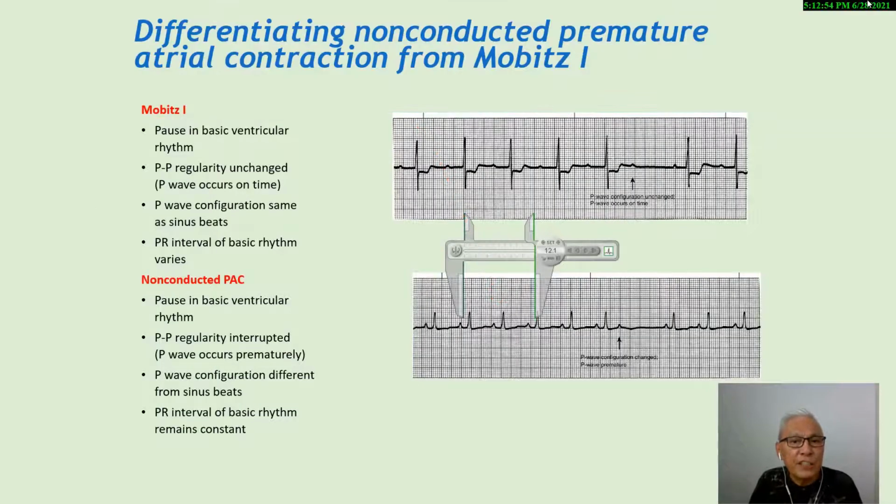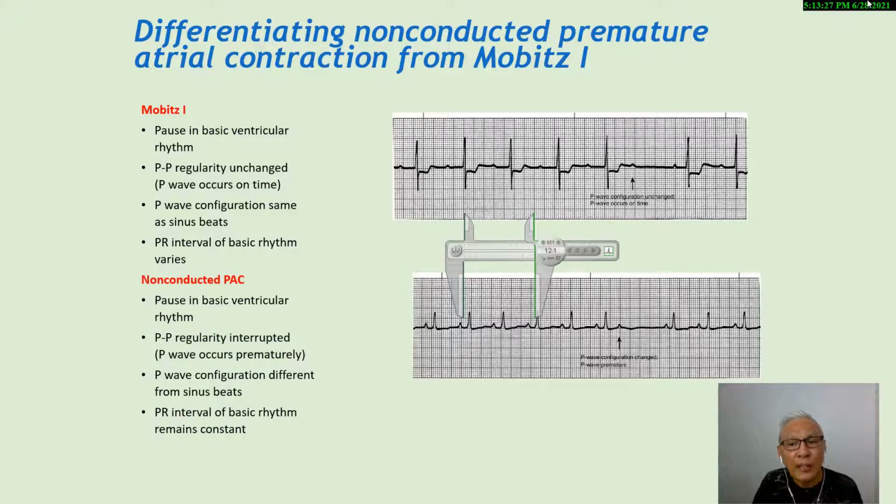So the basic differences between a non-conducted PAC and Mobitz 1: in Mobitz 1, the P to P regularity is unchanged, or the P wave occurs on time. In a non-conducted PAC, the P to P regularity is interrupted, and the P wave is observed to occur prematurely.